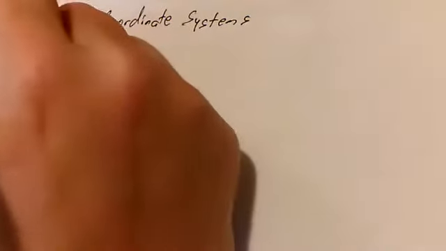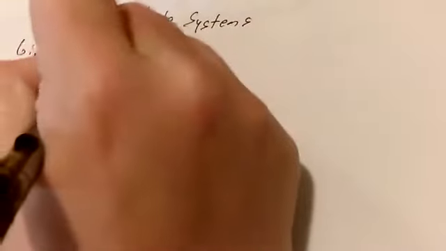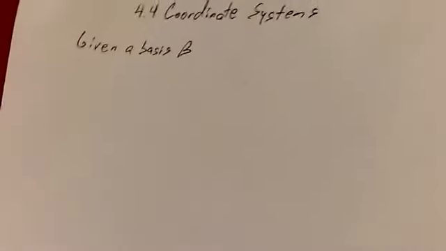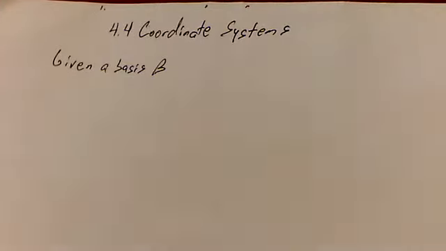So given a basis B, and we'll name the vectors in that basis B1, B2, all the way out to Bn.